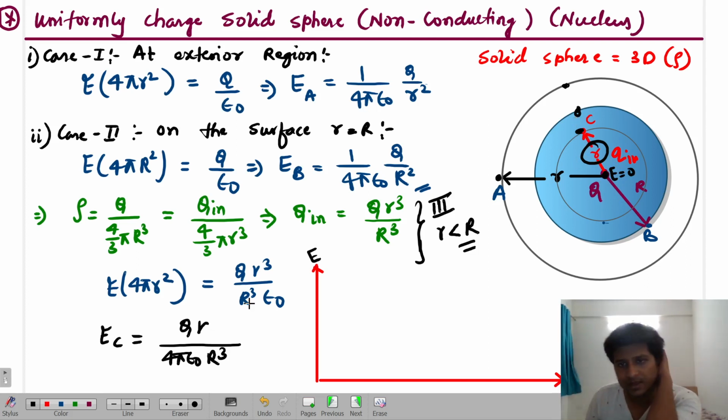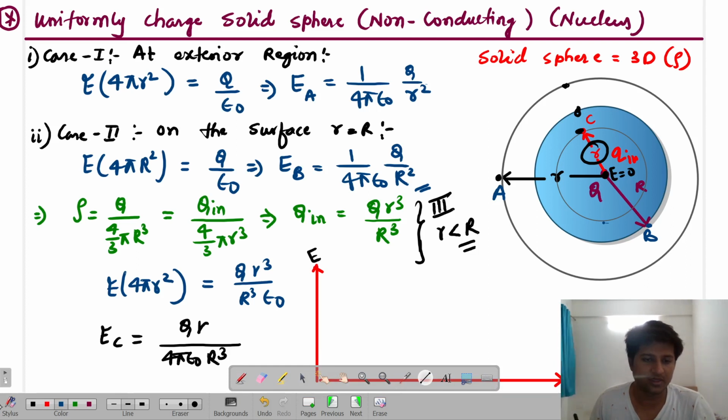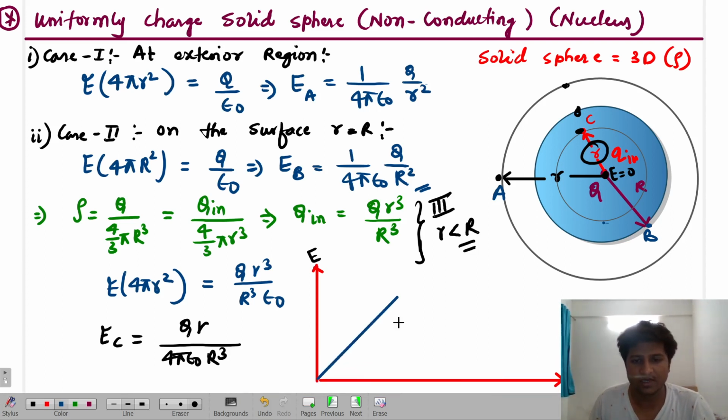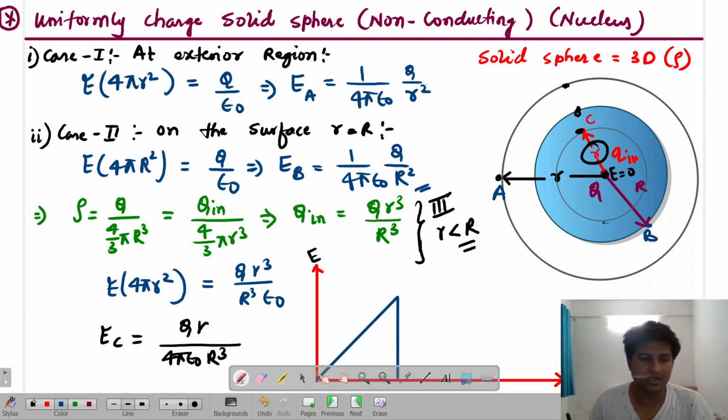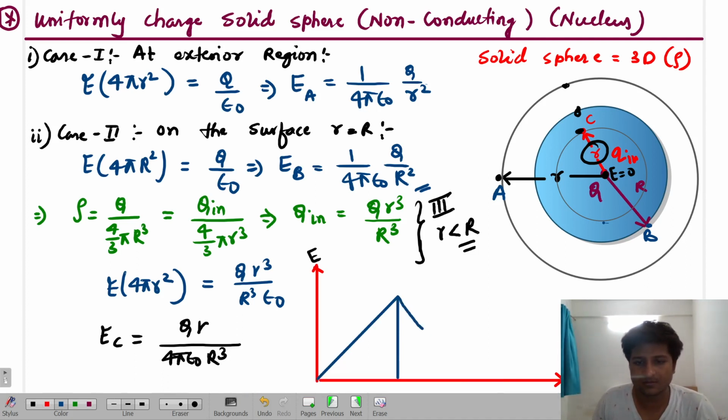Surface pe maximum, which is Q capital R by 4 pi epsilon naught R cube, right? And then it starts to vary inversely, which is decreasing. Are you able to get me? So that is why the graph of this is drawn this way. How? First it varies linearly and then it varies inversely.